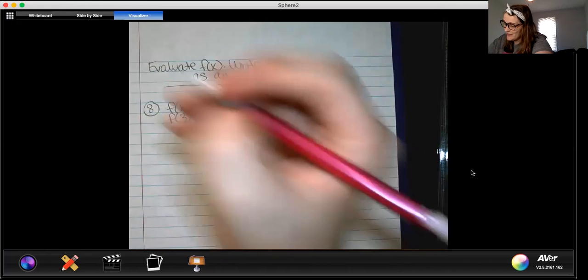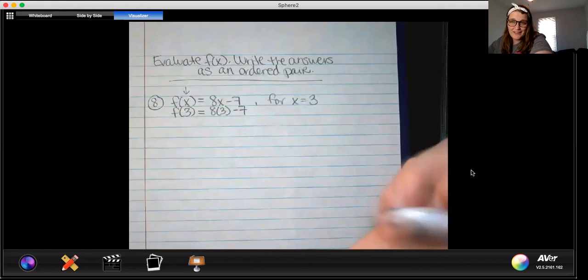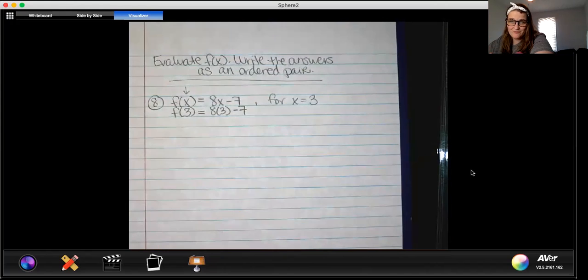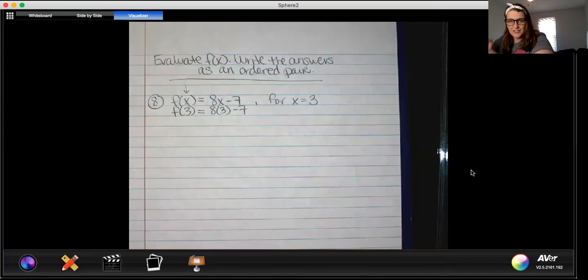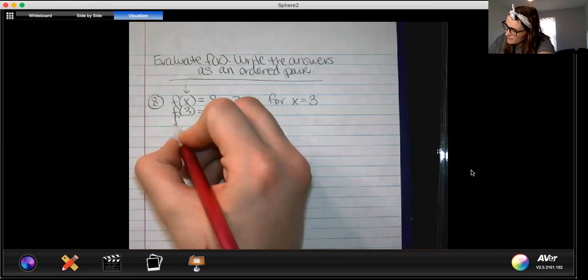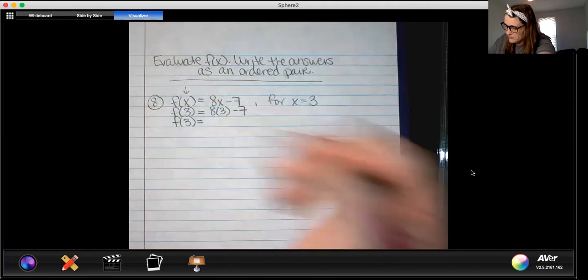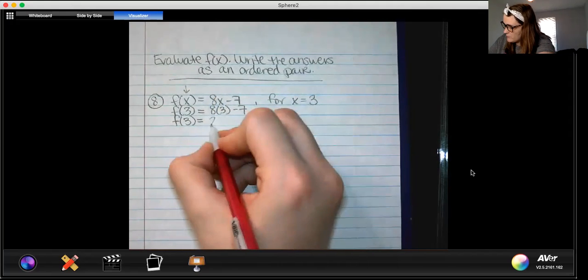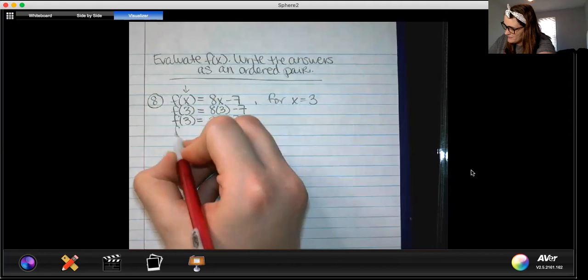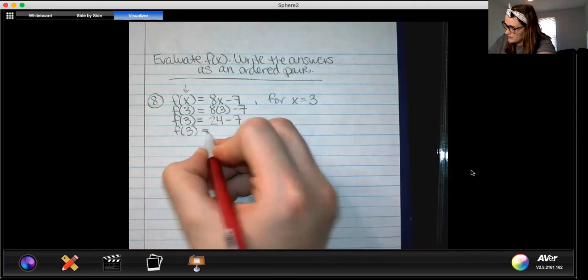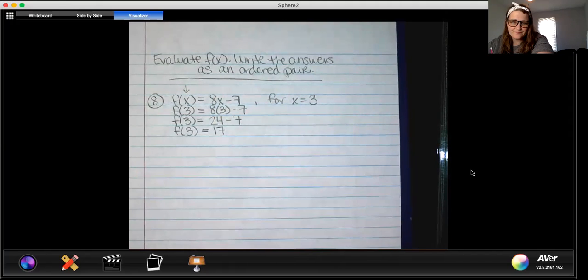Now, this left side will not change, okay? Again, all you're saying is that you're taking a function for that value. So you're just expressing that you're taking a function and evaluating it for 3 instead of x. So I'm going to keep f of 3 equals 8 times 3 is 24 minus 7, so f of 3 equals 17.